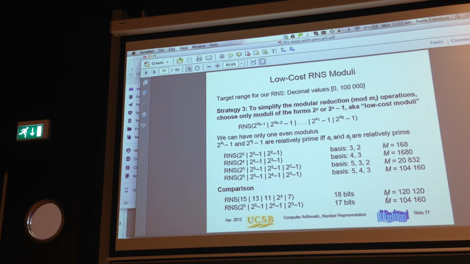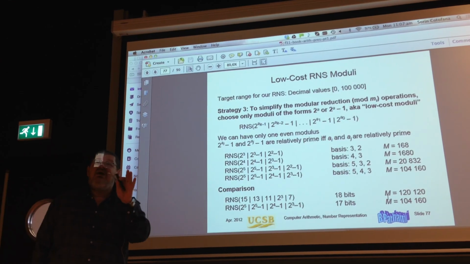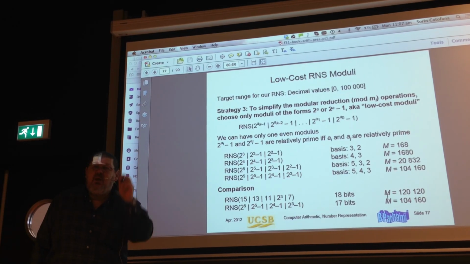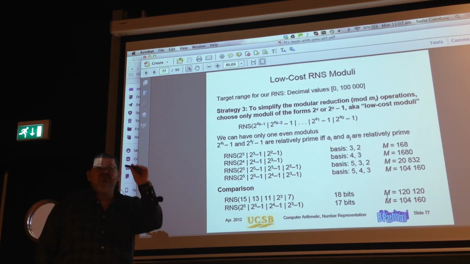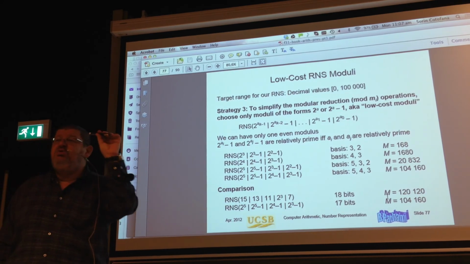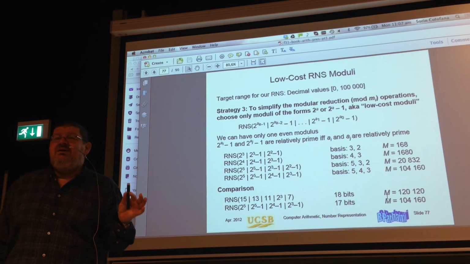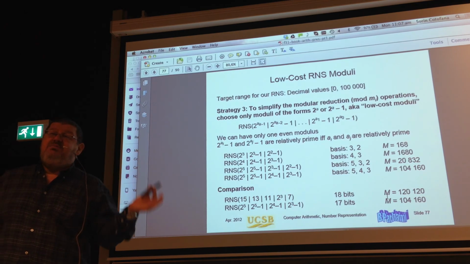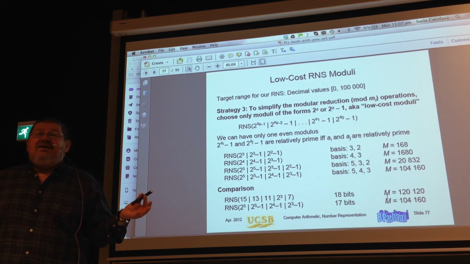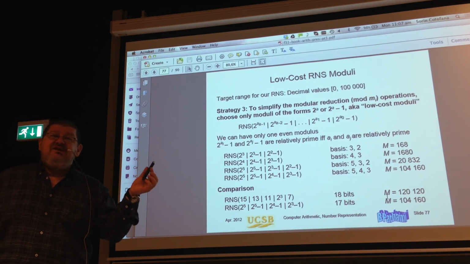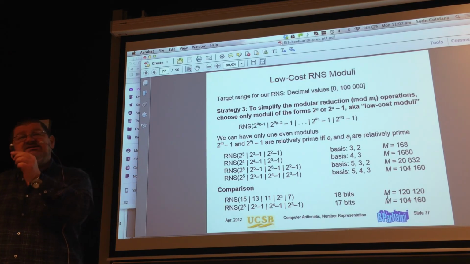But I also have something else to bear in mind. The fact that I'm doing modular arithmetic, remember, then on each channel, I have to do calculations modulo mi. We remember from complement representation that if I want to compute minus x, I'm doing m minus x.